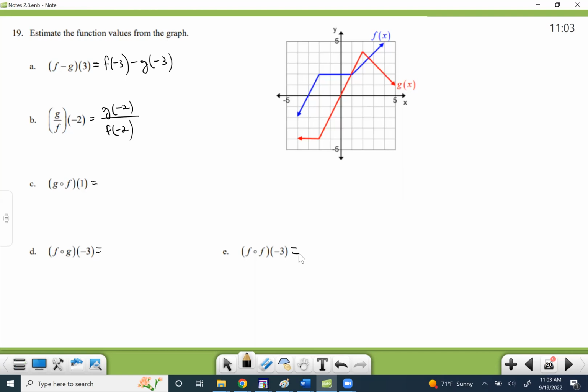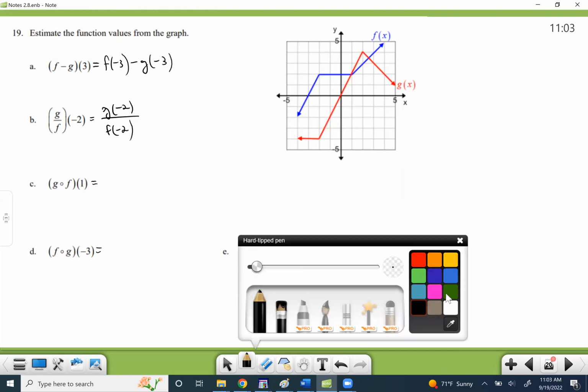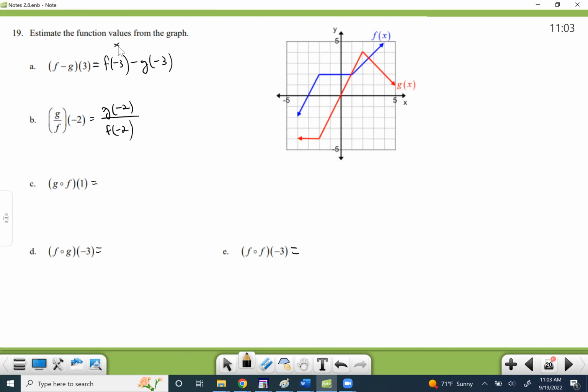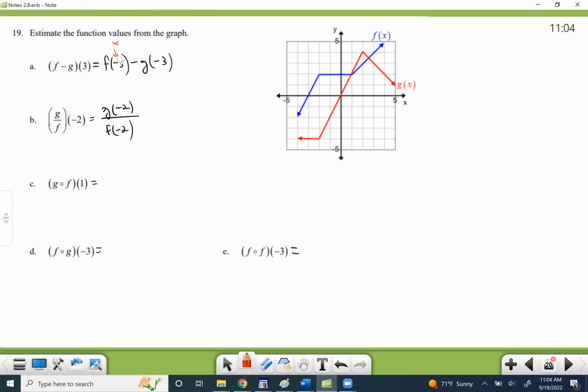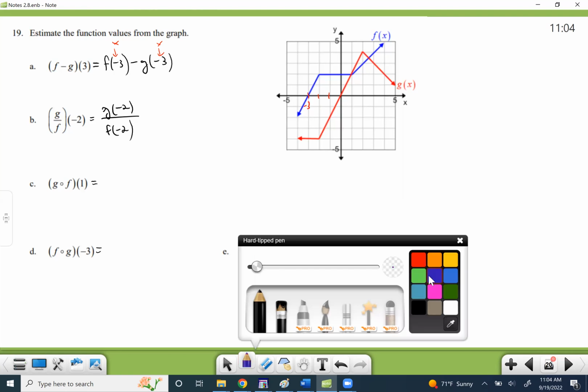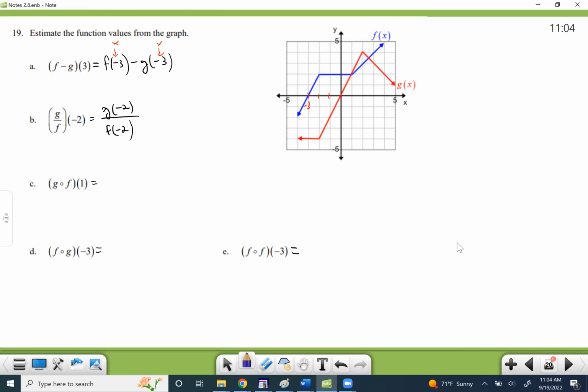Okay, so I have to find f of -3. Now remember, this is the x value, right? The -3 is the x value, you guys. You've always got to keep that in mind, that whatever's inside the parentheses is x. So if x is -3, that would be right here. F is the blue function. So if I look at the blue function, I can see that that is at 0.